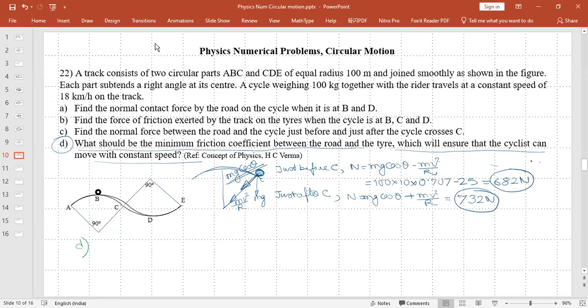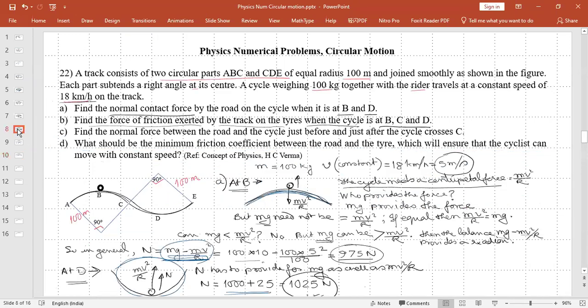So far we have found 682, this is 732, and the normal forces earlier we found were 975 and 1025.